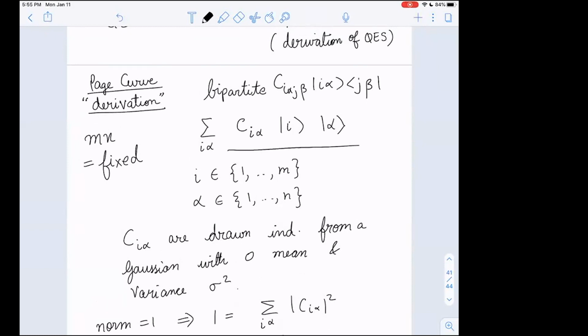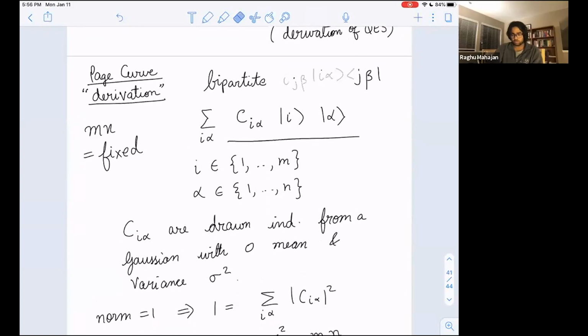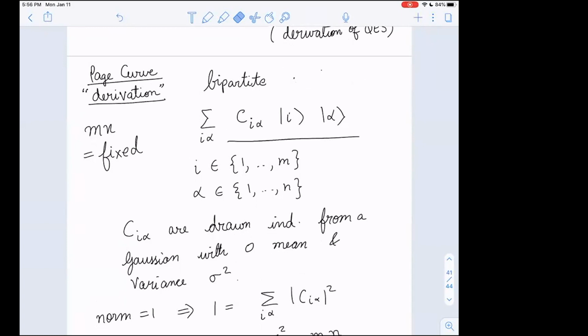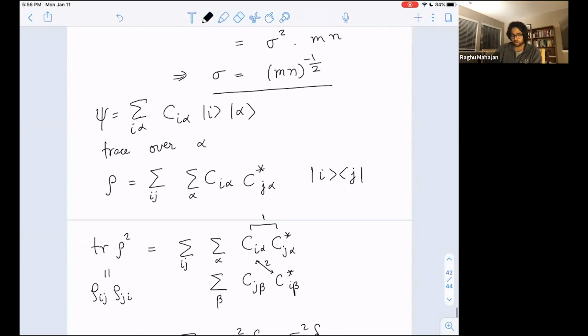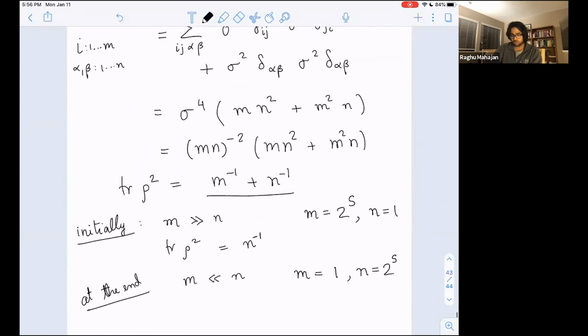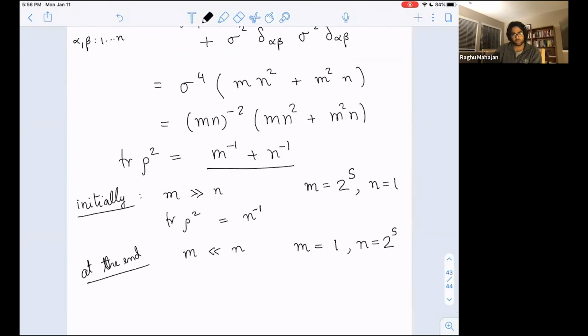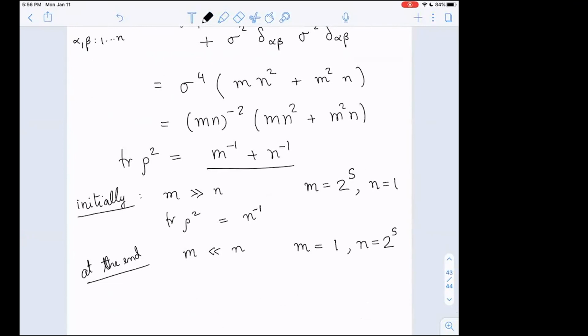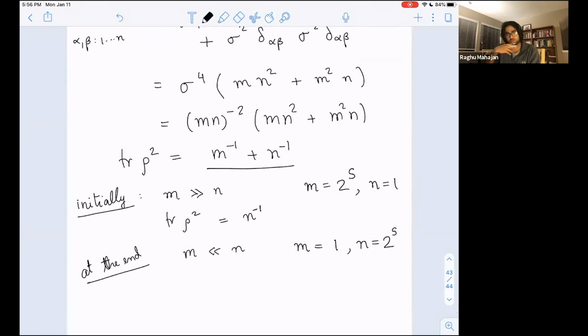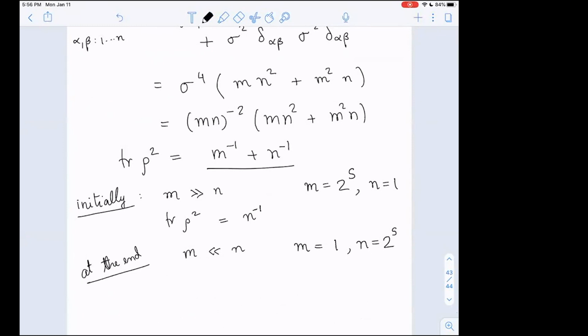Would you remind me, this test saying that trace rho squared is equal to 1, does that depend upon unitarity or not?